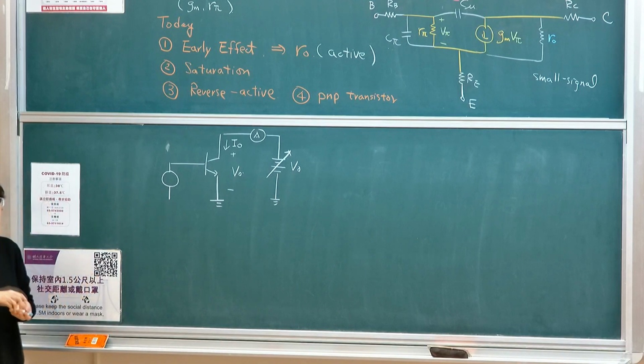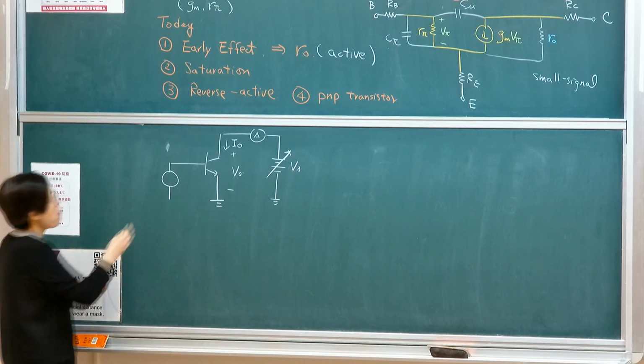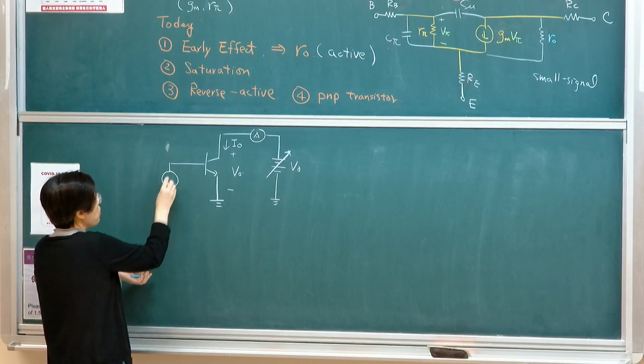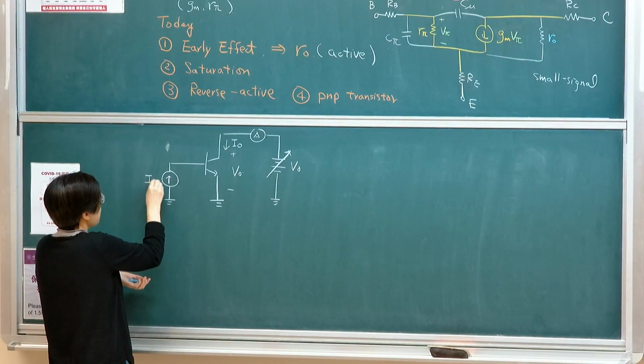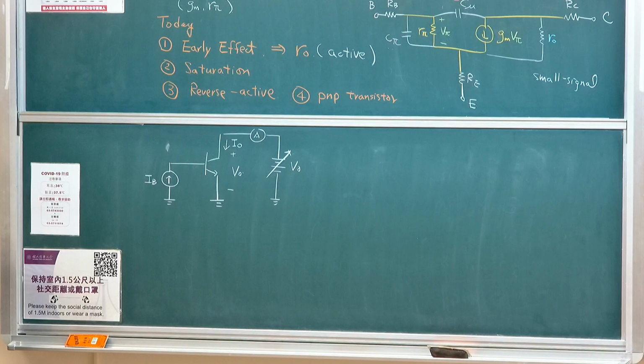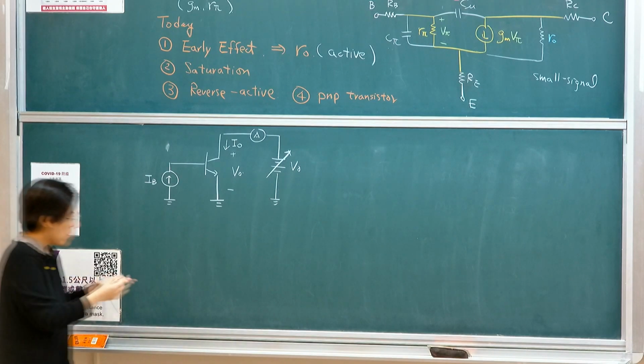Instead of having a voltage control testing system, another very commonly used testing system is by injecting current. So instead of having the voltage, I could set a different IB. Okay? This gives me better control because I know that the collector current and base current have a constant ratio.